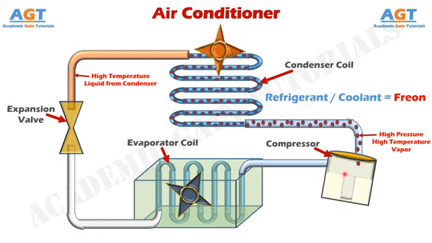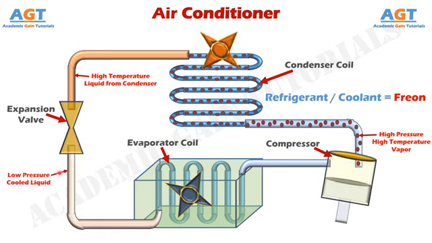So, similarly, now we need to cool down the temperature of the liquid refrigerant coming from the condenser, so we have to cause expansion, which will reduce the pressure between the refrigerant molecules, which will cool it down simultaneously. Now, this is what happens in the expansion valve. The expansion valve depressurizes or lowers the pressure of the refrigerant and cools it down. It also controls the amount of refrigerant flow entering the evaporator.